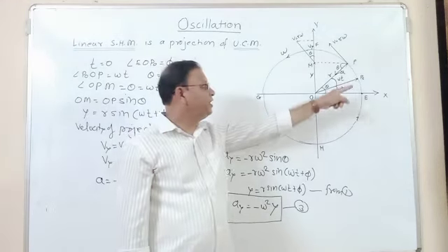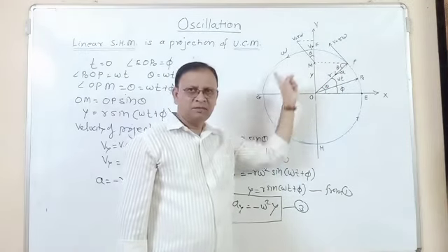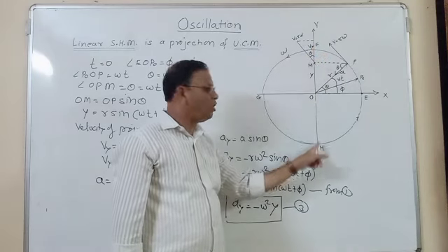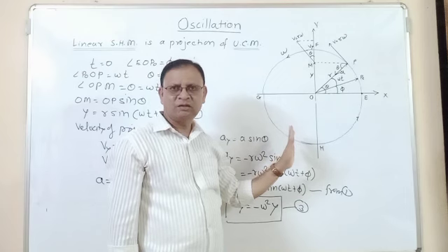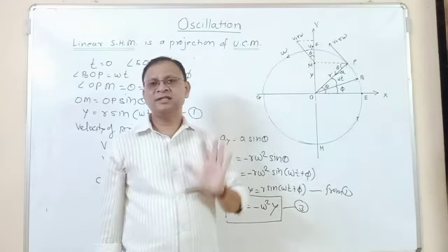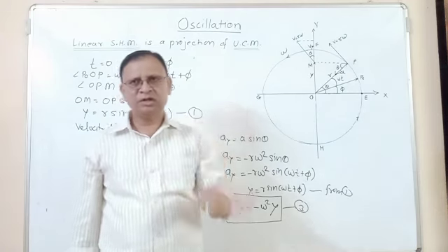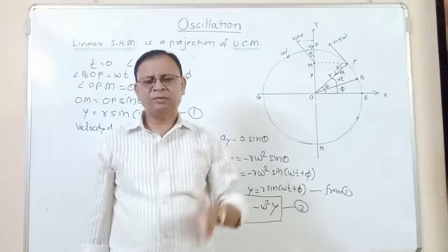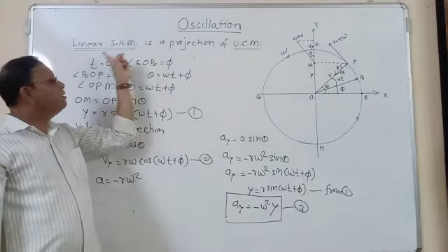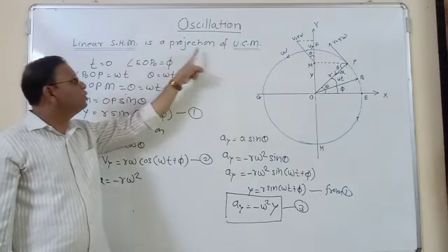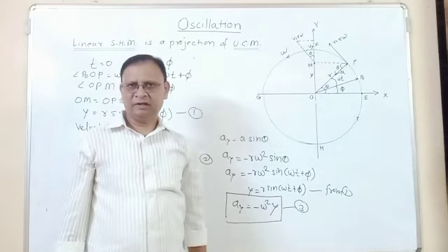So whenever the particle is performing uniform circular motion, its projection on any diameter performs linear simple harmonic motion. In short, linear simple harmonic motion is a projection of uniform circular motion along any diameter. Okay.